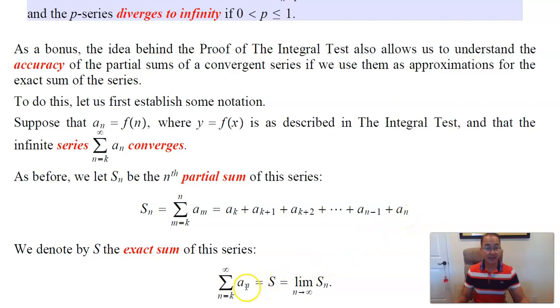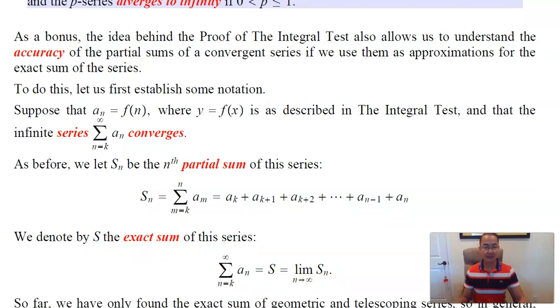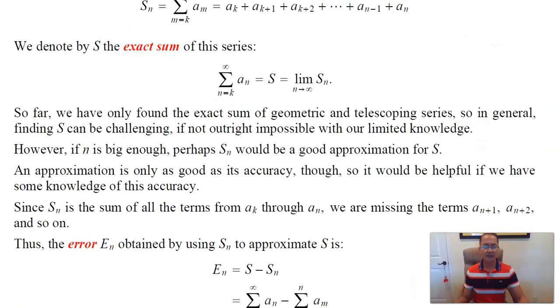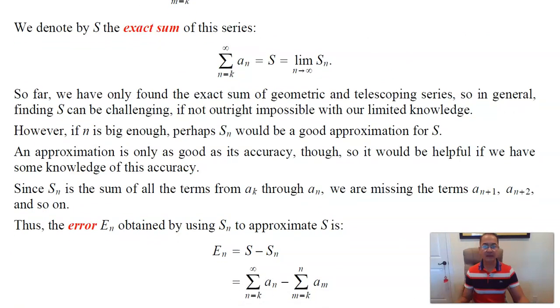But the exact sum is, of course, the limit as n goes to infinity of Sn. When the integral test says that your improper integral converges, then we know that the infinite series converges, that this limit must exist.